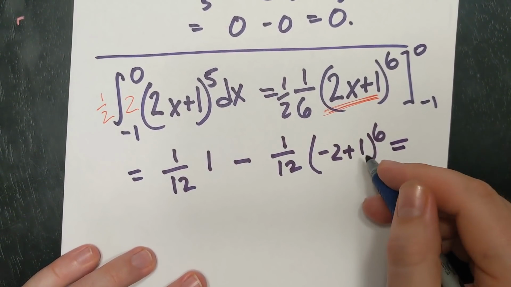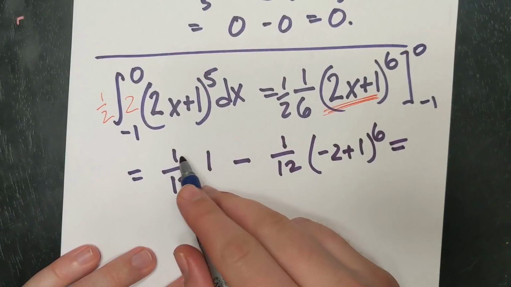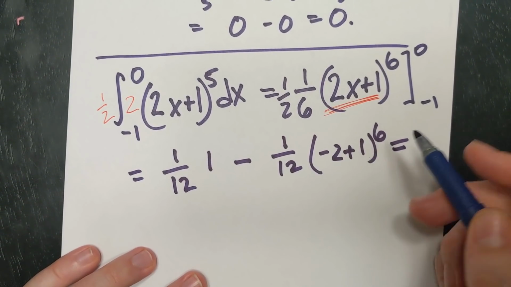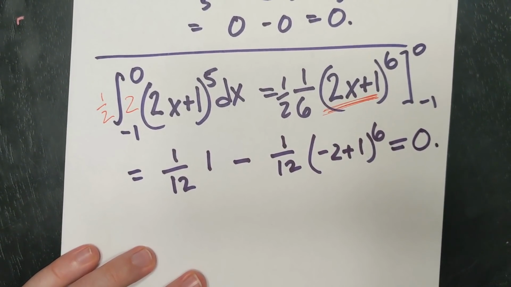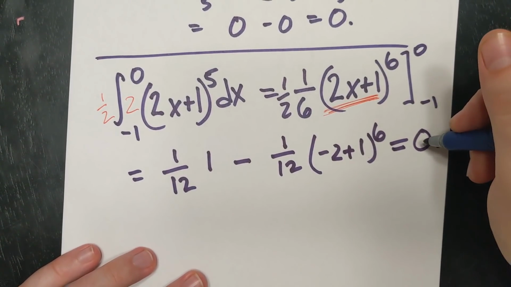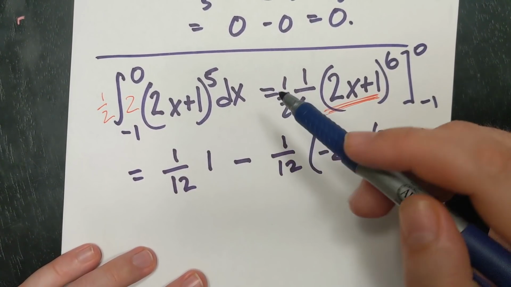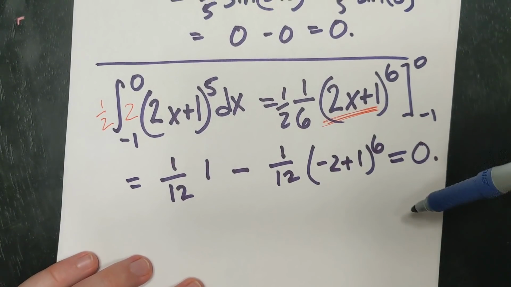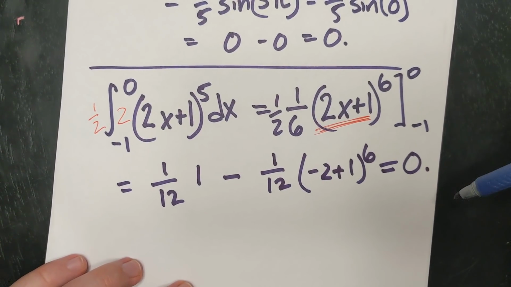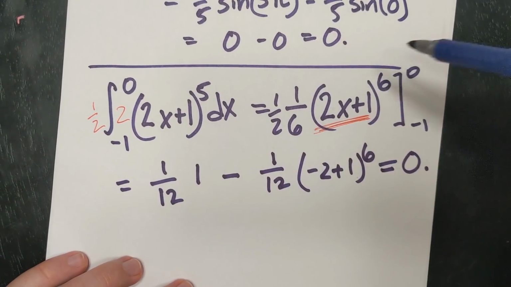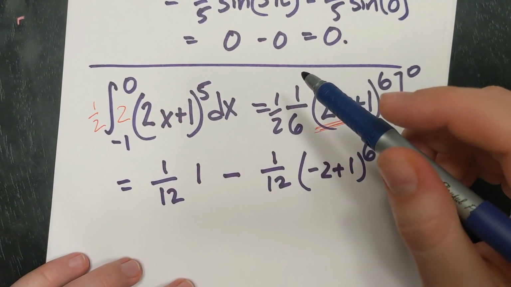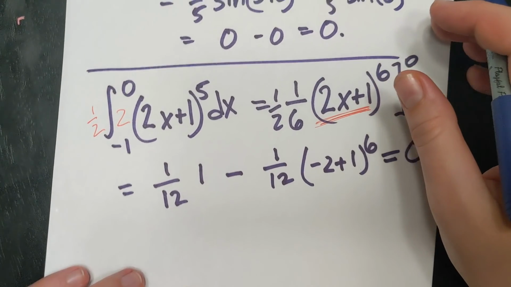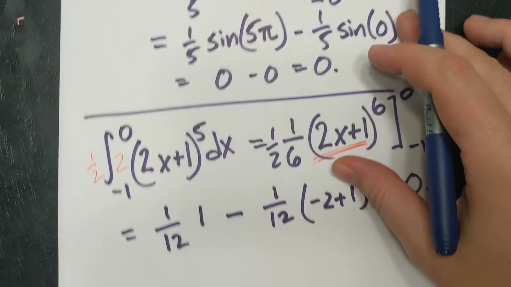So this is just 1 over 12 minus 1 over 12. And so you just get 0. So again, this is 0, and you can graph this out and try to figure out what's going on, like why does this have area 0? It's not that it's flat, it's that the area below and above the lines would cancel once again. Okay, let's go on to another one.